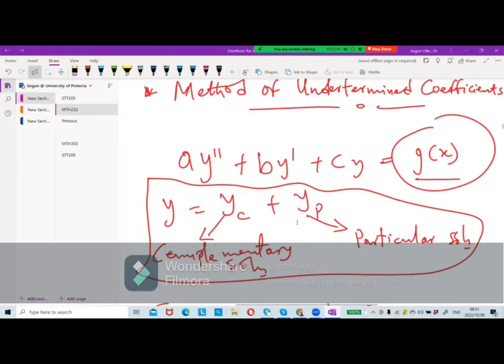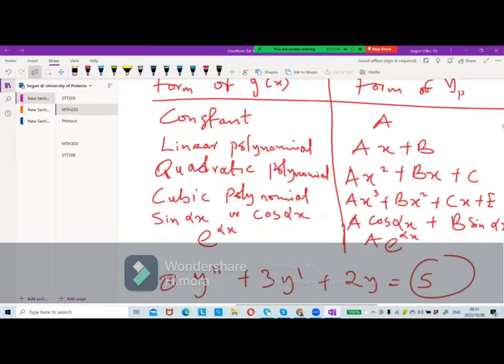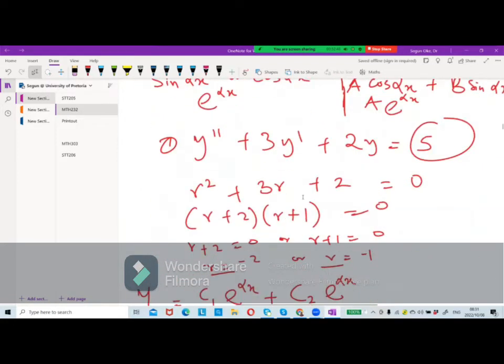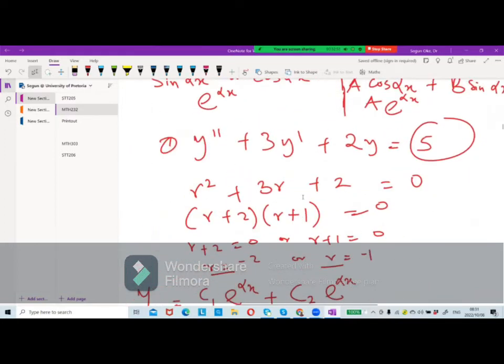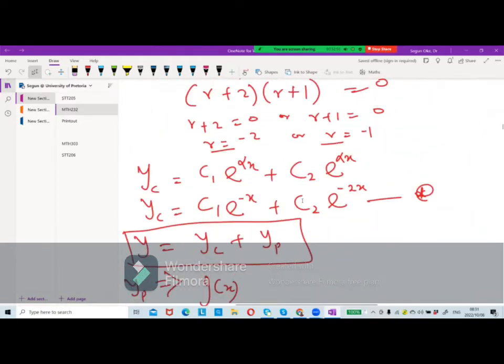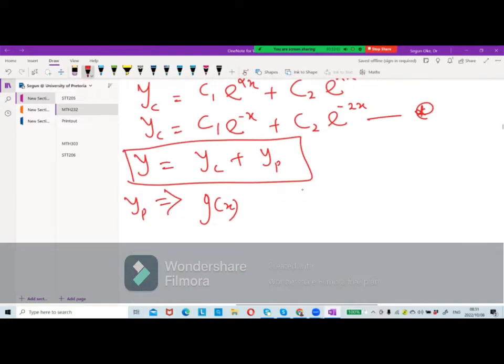From the definition, g of x. What is our g of x from this equation? Our g of x is equal to what? 5. Thank you. So our g of x is equal to 5.